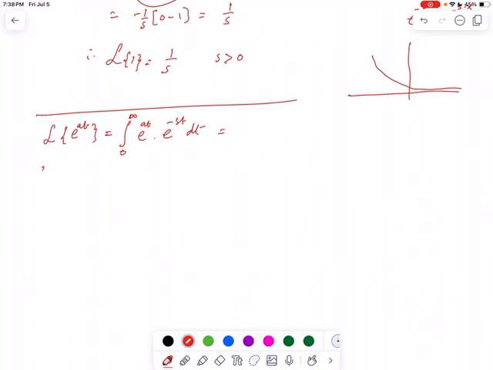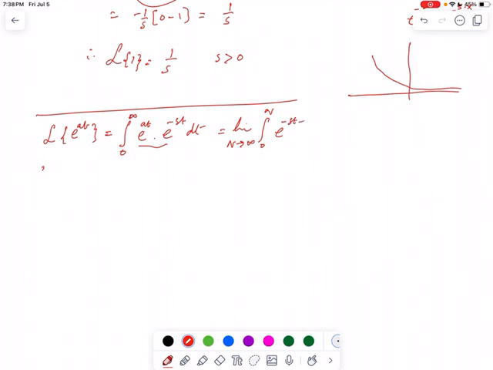Now we can change it to the limit like this, and we can put them together, the powers add, so we get at minus st.